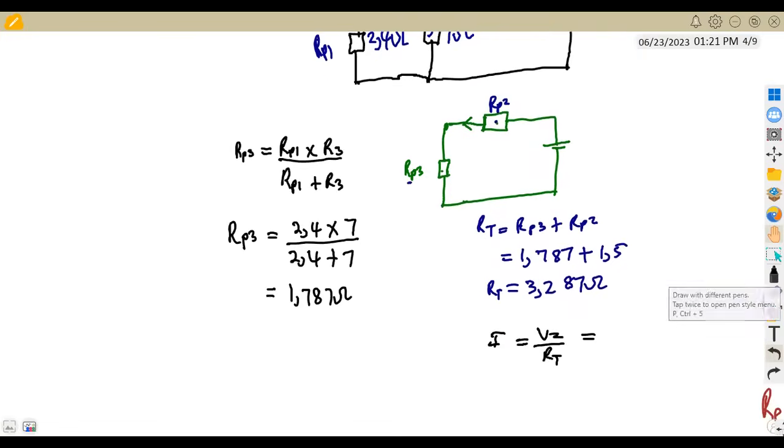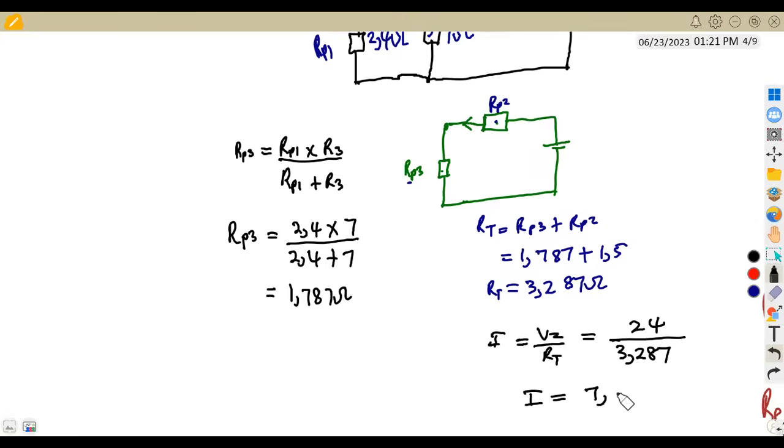So we are going to divide 24 by the RT, which is 3,287. So we are going to obtain our total current in this case. All right, so if we divide this part, we are going to have a current of 7,301 amps.